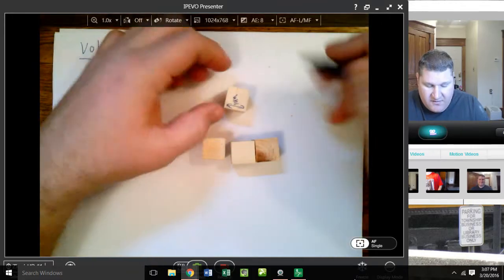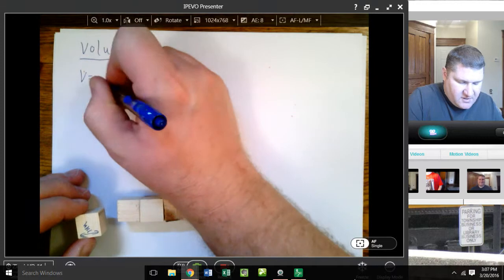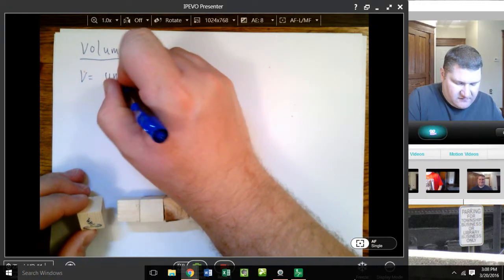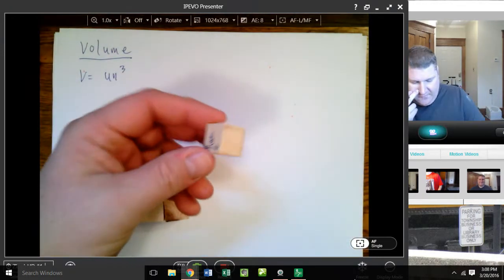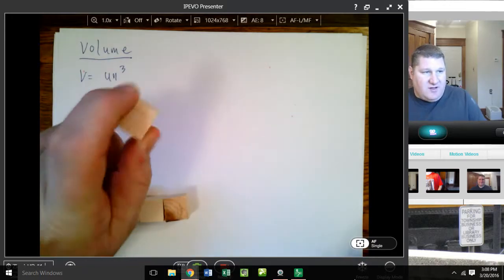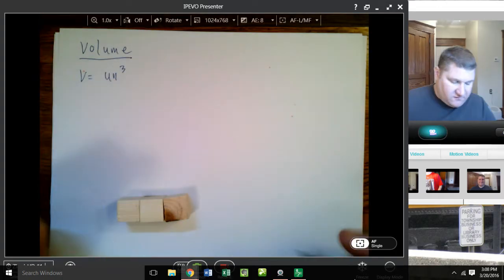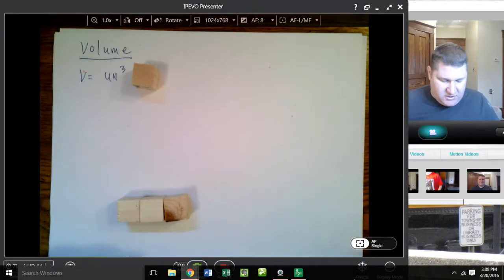So this would be the basis of my volume. Volume is going to be measured in units cubed. Now, it could be cubic centimeters, cubic inches, cubic feet, cubic miles. Doesn't matter. If you think about it, cubic miles of air pressing down on you right now. So think about that. So that's 1 cube.